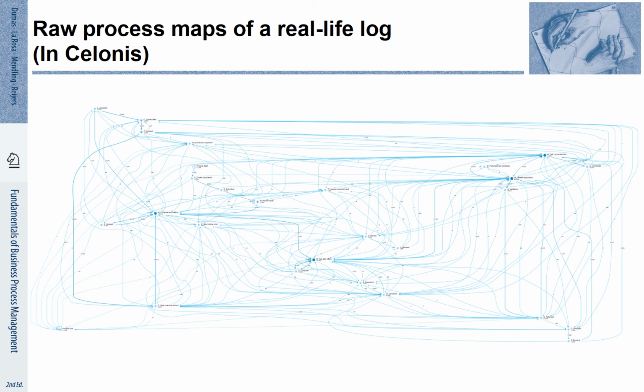The need for such filtering and abstraction is highlighted by this example. What we see here is a process map of an event log from a real business process. We see that this model is very complex. This is not a problem of the tool that is showing this process, but it is a problem of the underlying complexity that is in this event log.